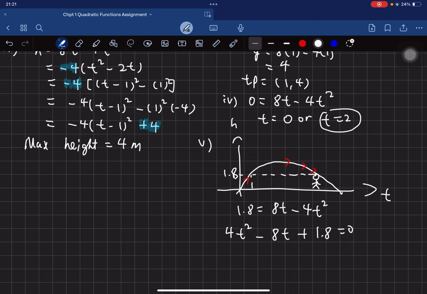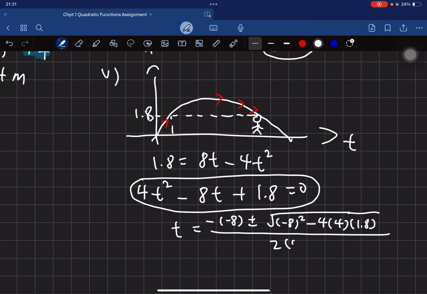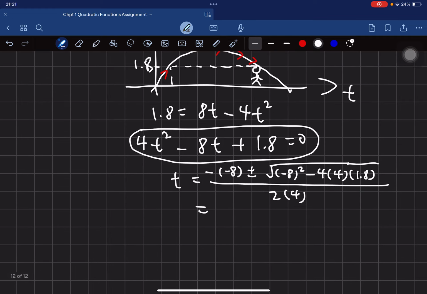Nothing special, just take note, whenever we want to use the quadratic formula, we must make sure we have an equation equals 0. You can't just use the quadratic formula and expect the marker to know which quadratic equation it is from. So minus b plus minus square root of b square minus 4ac over 2a.